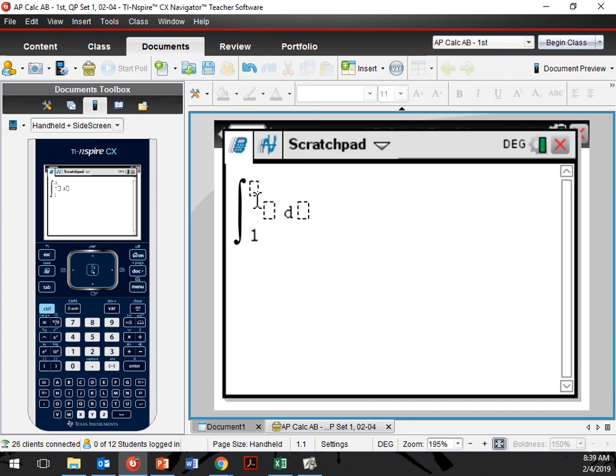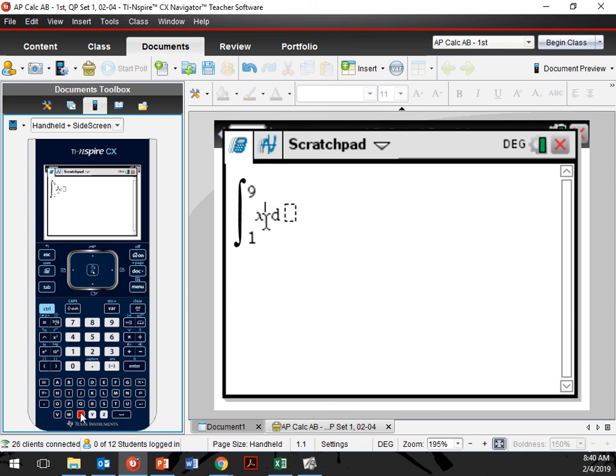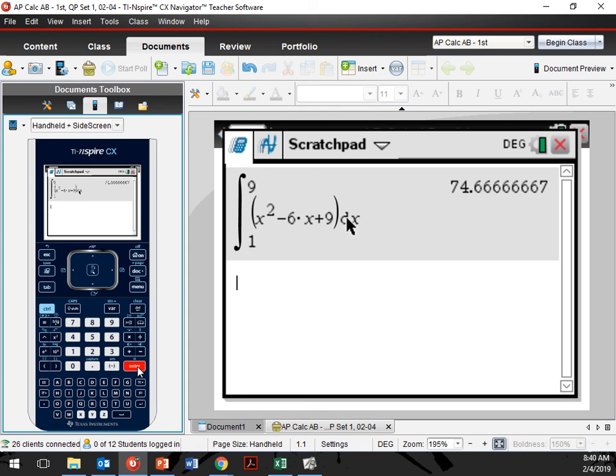It's the integral of x squared minus 6x plus 9 dx. Ah, dang it, I was off by 1. So your calculator actually does do this.